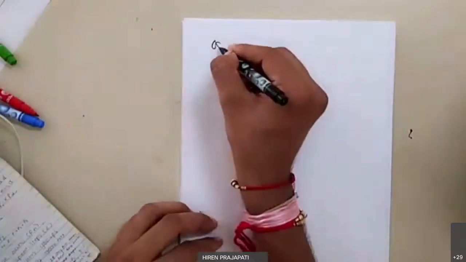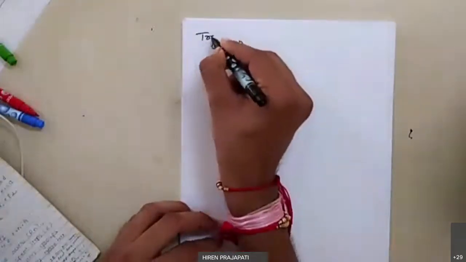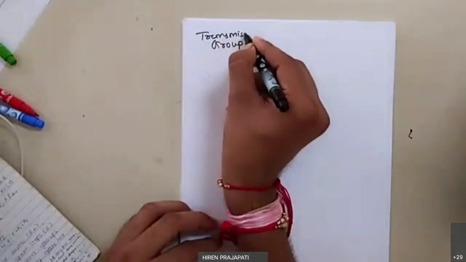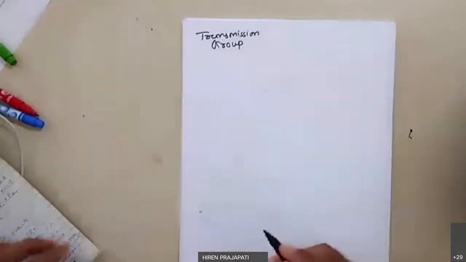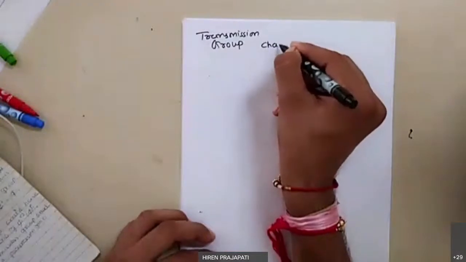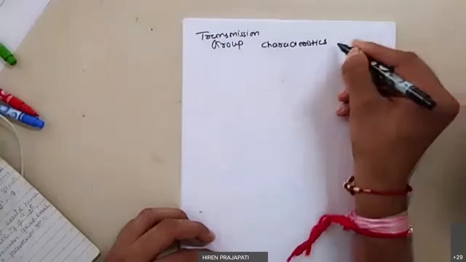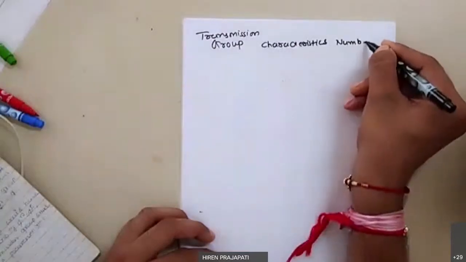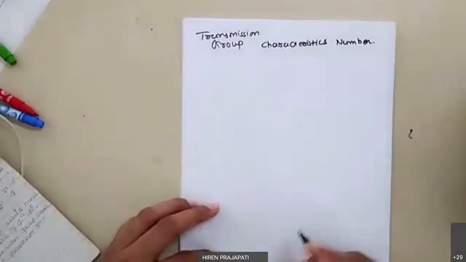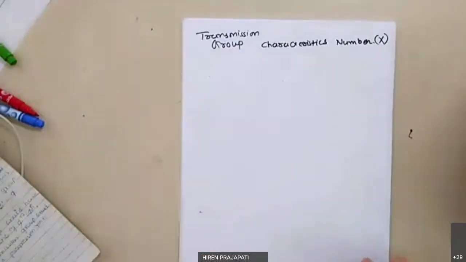That is called the transmission group characteristics number, which is indicated by X.